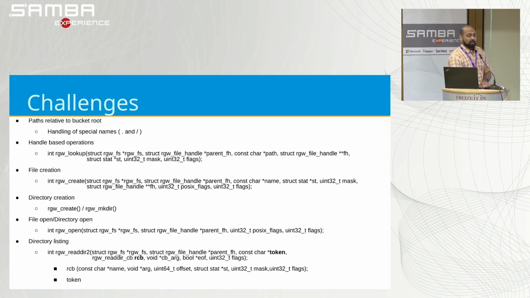By design, RGW reader can list n number of objects, there is no limit up to whatever the object store specifies. But at a time, it could return at most 1,000 entries. This is by design as of now. Therefore, they have provided these mechanisms to make continuation calls to readdir2.